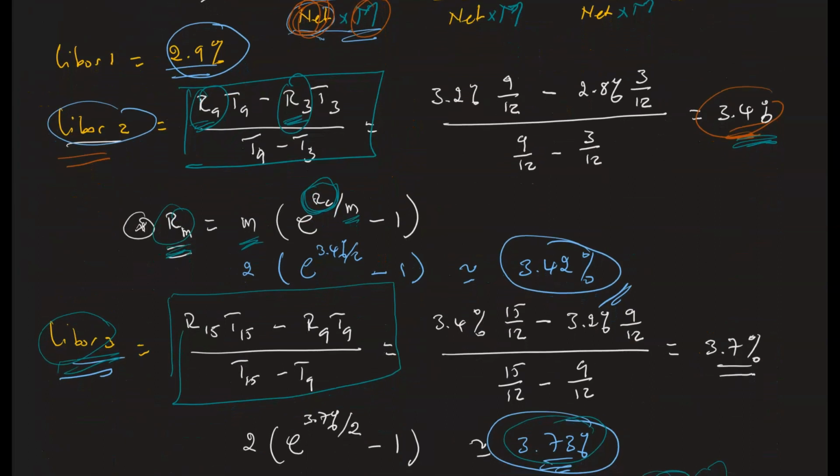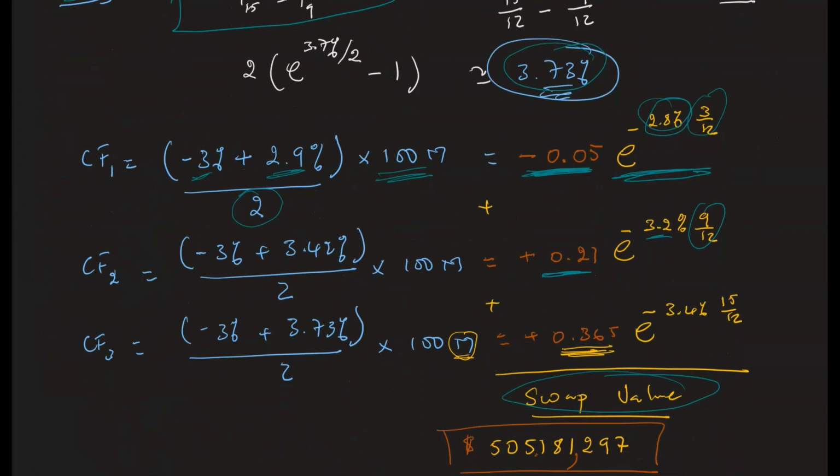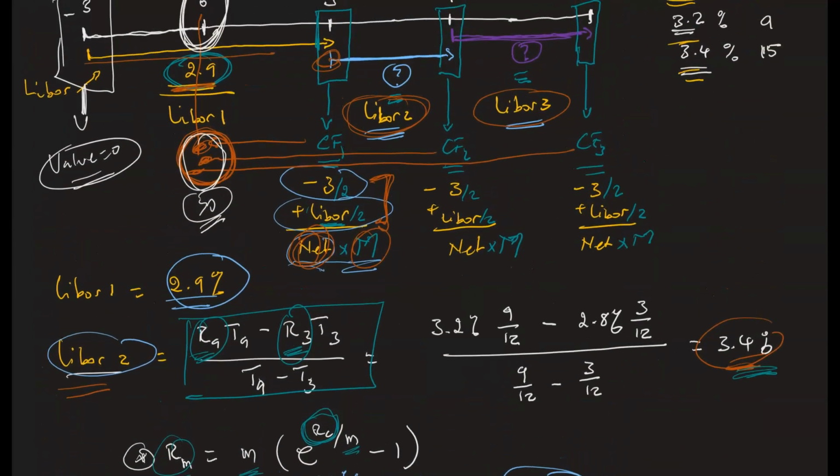Now, what we want to be able to do is to assume that we don't have this anticipated LIBOR rate, right? What if we cannot use this method to find the LIBOR rate? What other option is available to us in order to estimate the forward LIBOR rate?